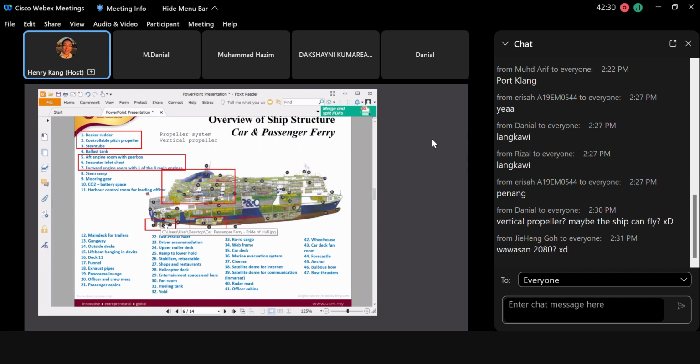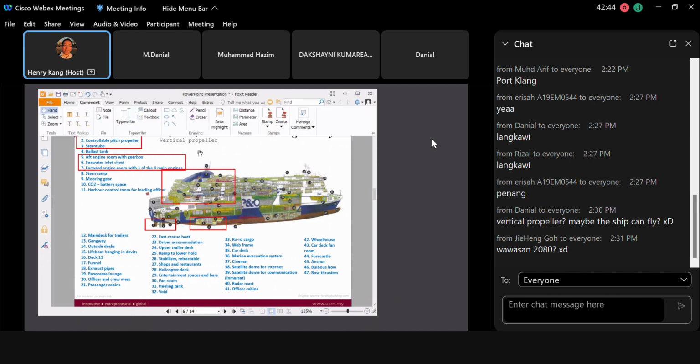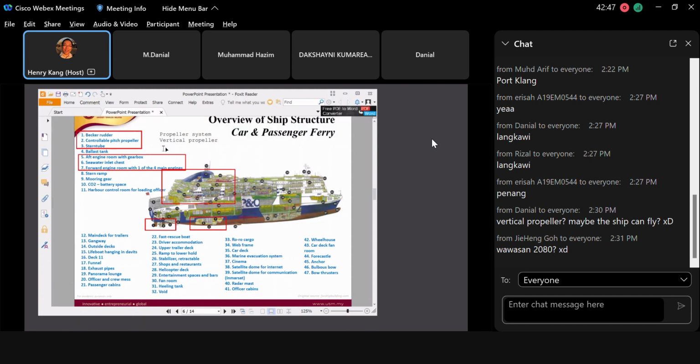However, in our Penang ferry, we use a vertical propulsion system. If you check Google, you will see that the Penang propeller system is very interesting because it is a vertical propeller. We also have another very interesting type of propeller system, the so-called podded propulsion. Podded propeller or podded propulsion system is where we combine the rudder and the propeller.